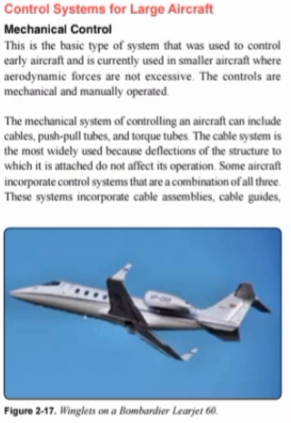The mechanical system of controlling an aircraft can include cables, push-pull tubes, and torque tubes. The cable system is the most widely used because deflections of the structure to which it is attached do not affect its operation. Some aircraft incorporate control systems that are a combination of all three.